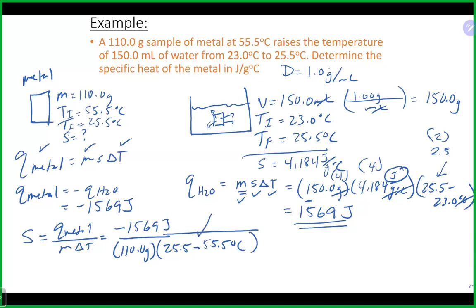Once again, that right there is going to give me a negative number. That's going to work really nicely with that negative number. And that again is going to turn my specific heat capacity back into a positive number, which is what it should be. So we're going to divide by 110. We will also divide by the difference between 25.5 and 55.5 in this case.